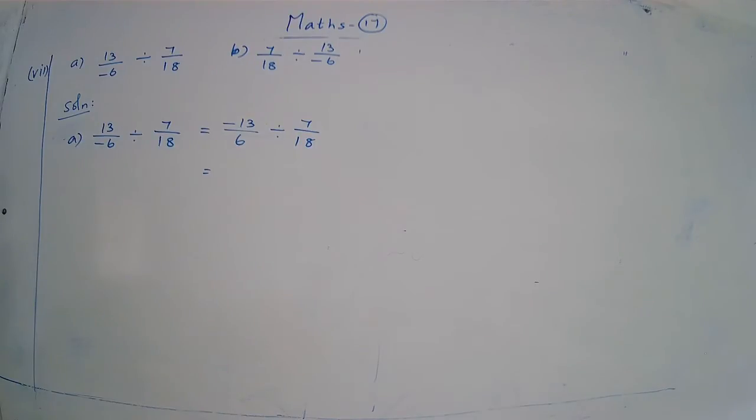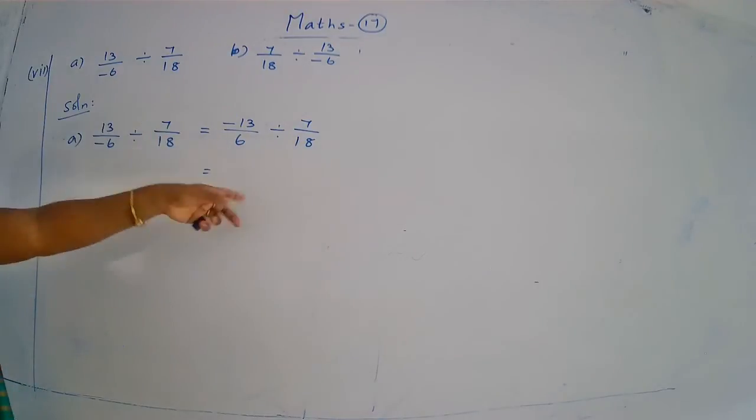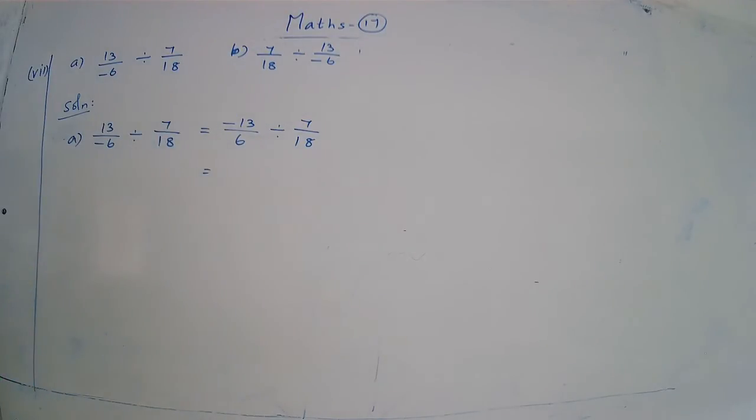So now you multiply the numerator by numerator. Minus 13 into 3. Okay, children? In multiplication, we multiply numerator by numerator. So minus 13 into 3, how much is your answer? Minus into plus, minus. 13 3s are 39. Okay, minus 39 upon 7. Okay, are you clear? Yes.